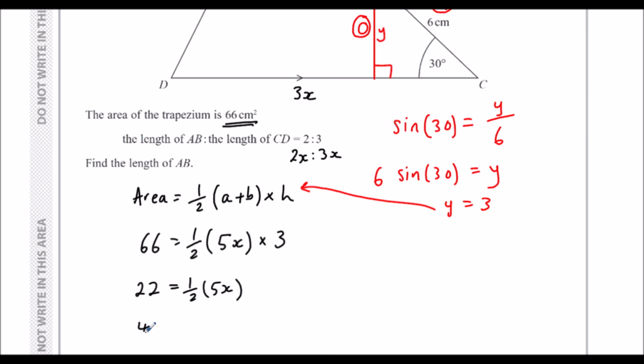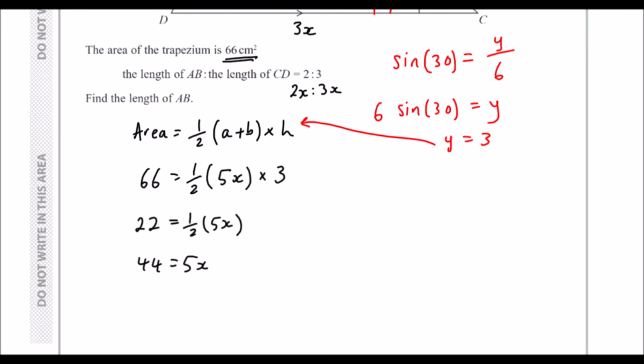Double both sides. 44 is 5x. So x is 44 fifths. 44 over 5, which doubling top and bottom is 88 over 10, or 8.8 centimeters.